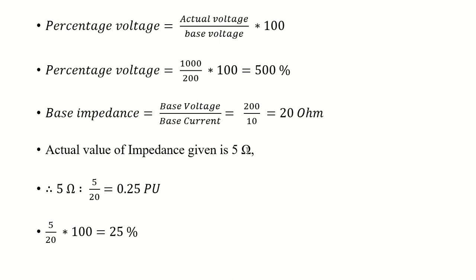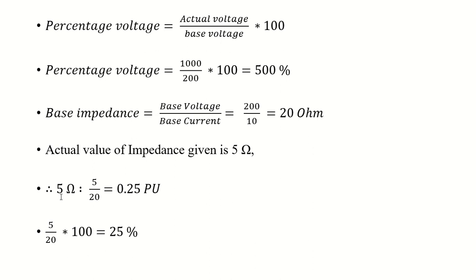So now tell me, if we have to find the value of percentage impedance and the value of per unit impedance, can't we find it by simply taking the ratio of actual impedance by the base impedance, right? The actual impedance is 5 ohm and base impedance is 20 ohm.